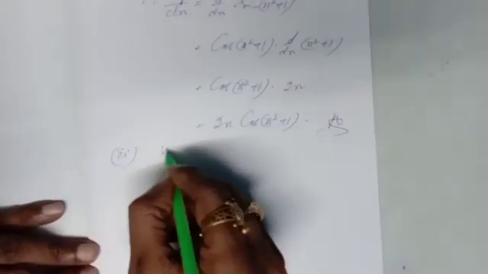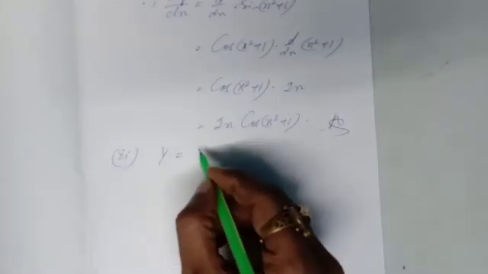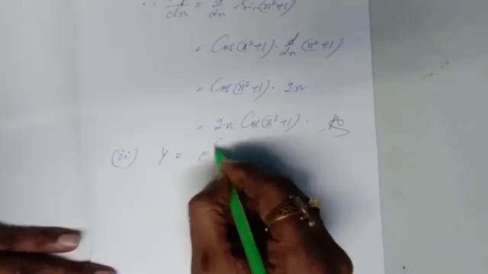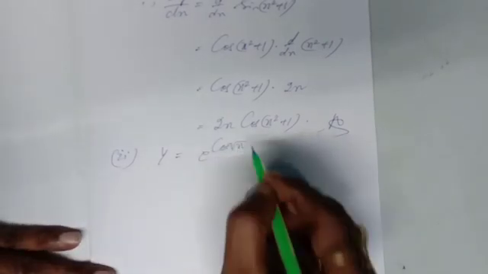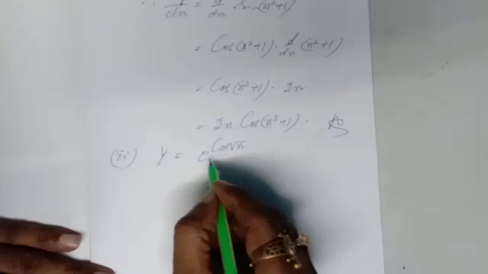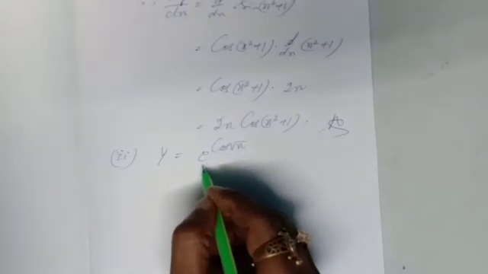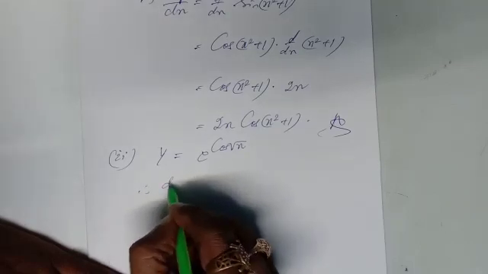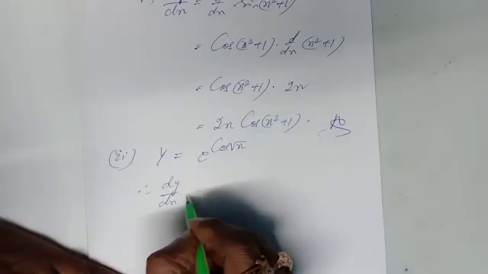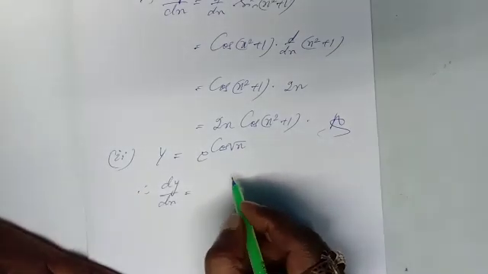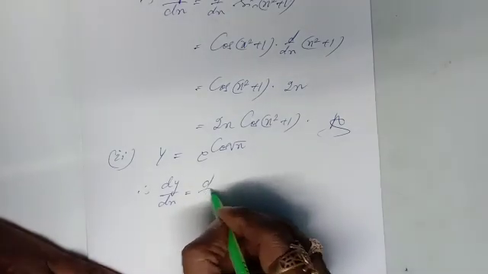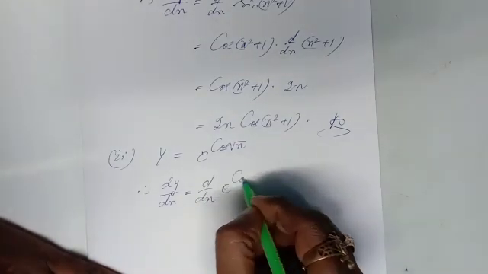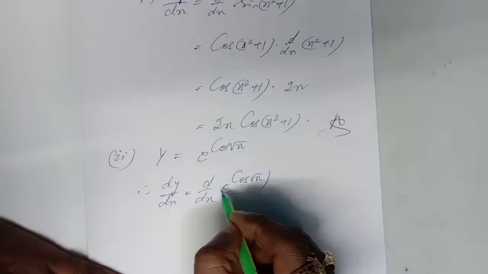The second part question is given like this. y is equal to e to the power cos of root x. Therefore, differentiating both sides with respect to x, dy/dx of e to the power cos root x.